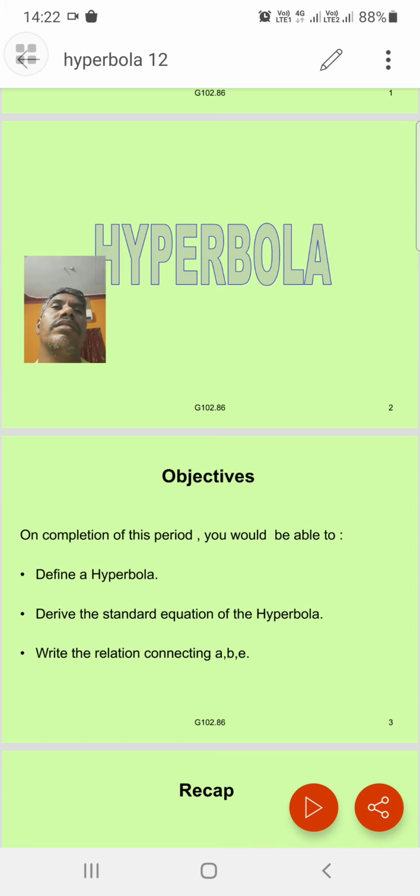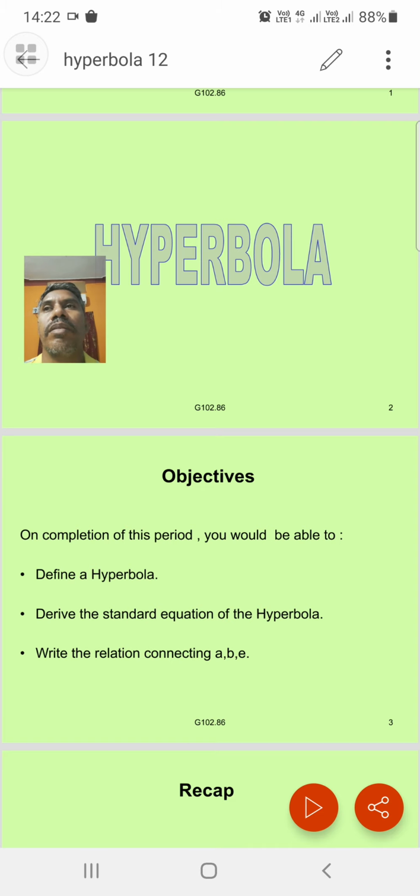So this comes from the eccentricity condition, that is SP by PM equals e, and squaring on both sides, SP square equals e square into PM square. SP means the distance between 2 points, the focus and the point P on the curve or on the path.